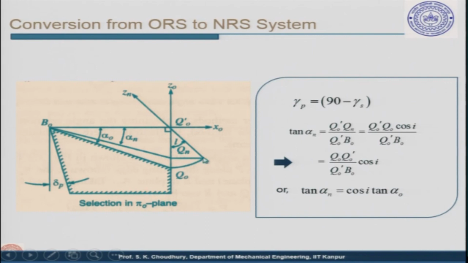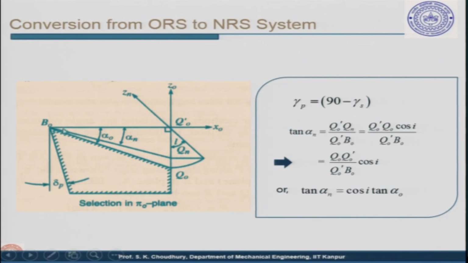If this point is projected to the orthogonal rake axis, that is the Z0, and we connect the orthogonal rake point here with this point, then this tool will be considered the tool in the normal rake system, and this angle will be the normal rake angle, because this face will be the rake face in the normal rake system.